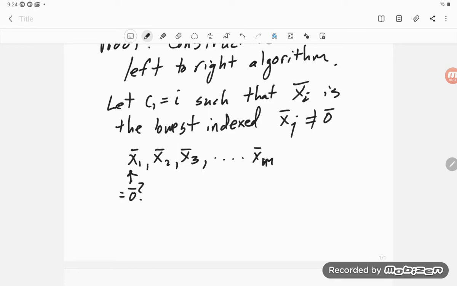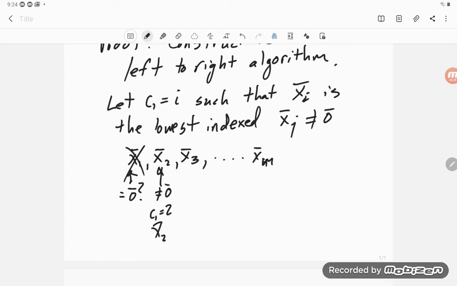If it is, forget that, and we go to the next one. If it's not equal to the zero vector, then our c sub 1 is actually 2, and we get x sub 2 as our first vector.